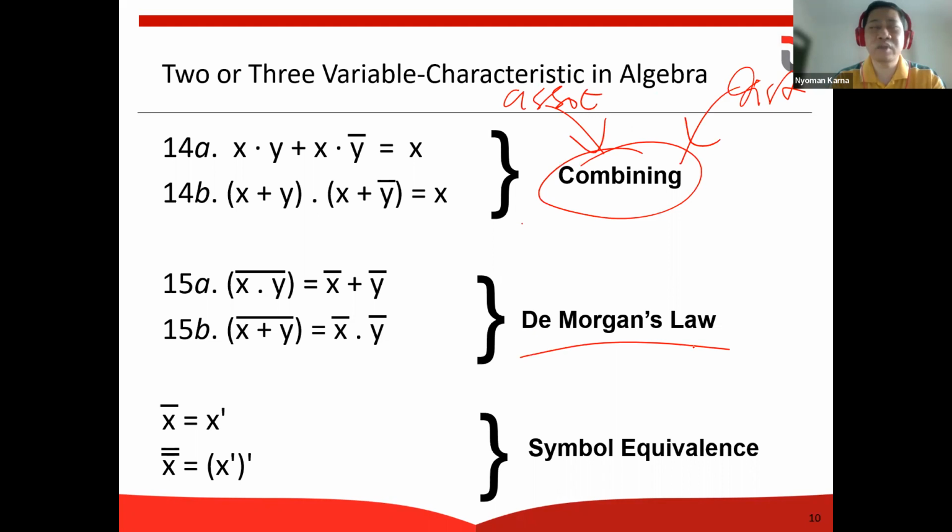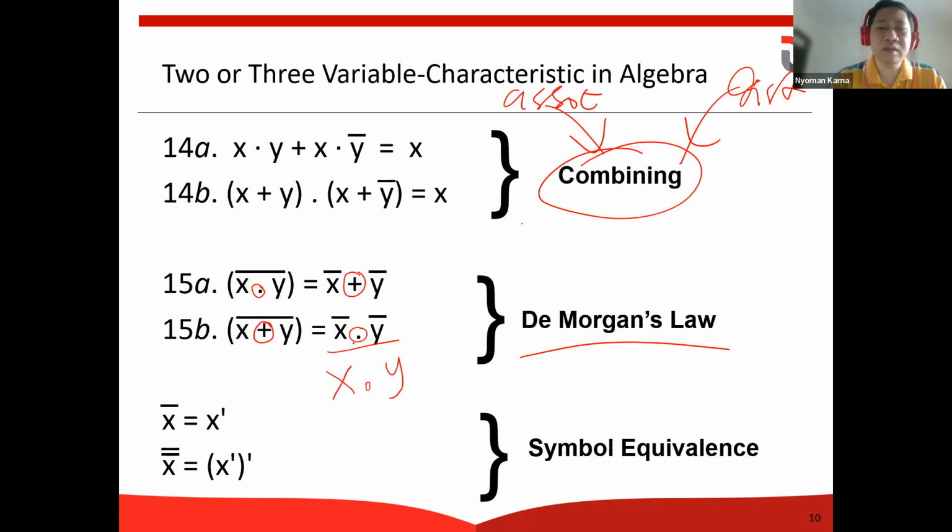This is the one that we discussed earlier about duality concept: how to change from multiplication to addition or from addition to multiplication is by using De Morgan's law. It's something like this: x times y and then inverted.